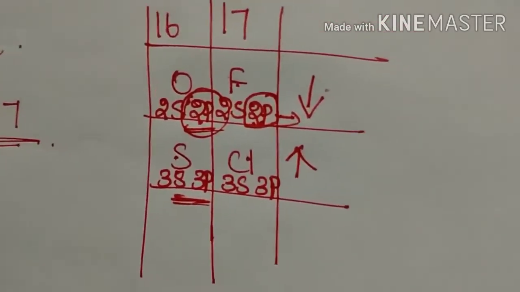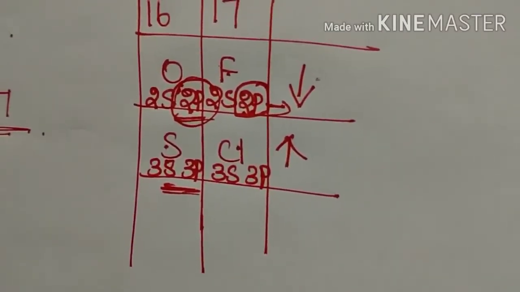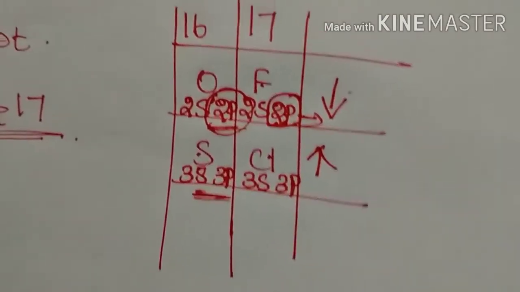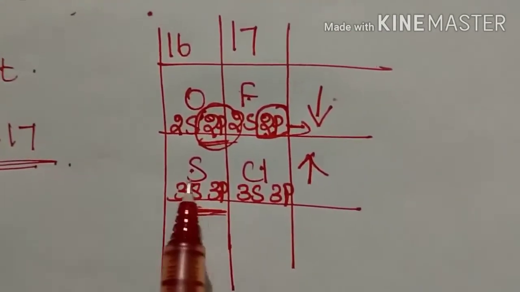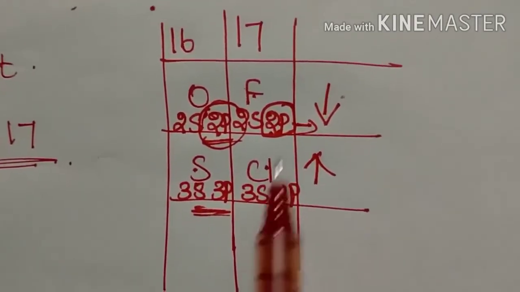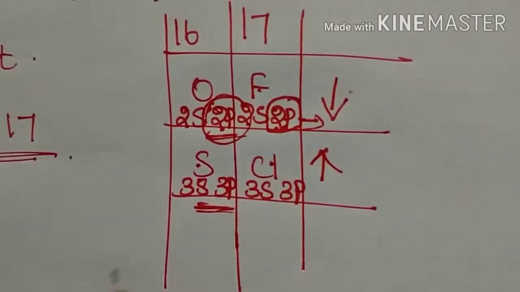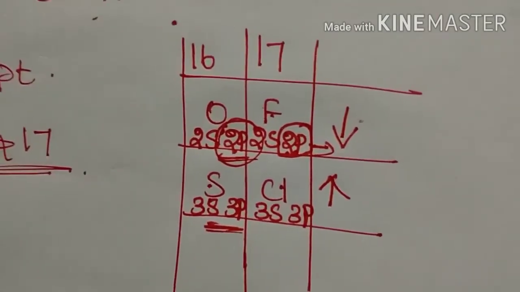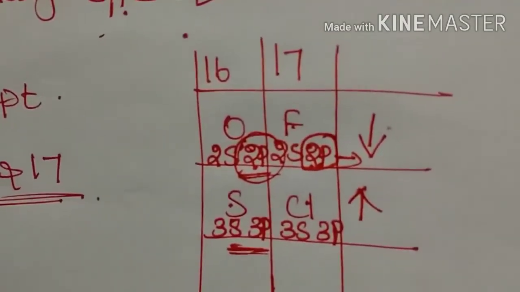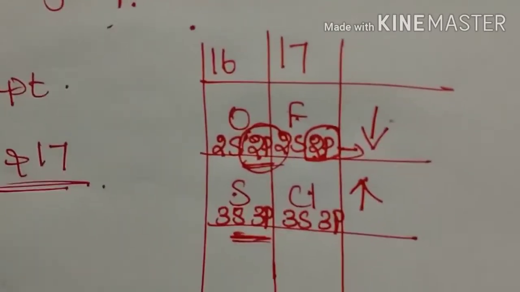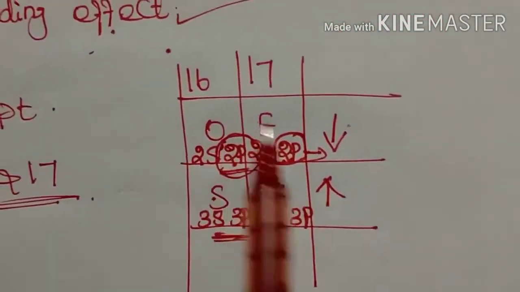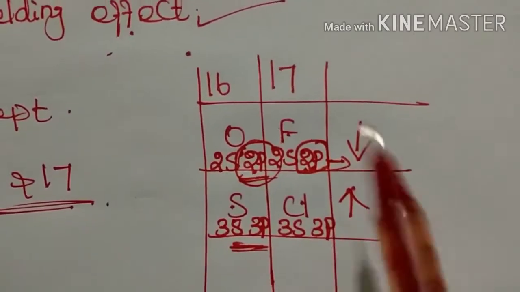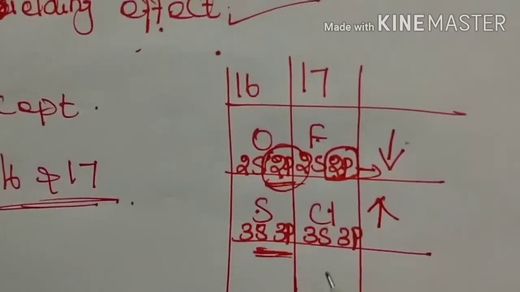Because of this, oxygen and fluorine have lower electron affinity than sulfur and chlorine. But what is the general character of electron affinity in a group? Generally, electron affinity decreases from top to bottom, but in the case of oxygen and fluorine versus sulfur and chlorine, it is different.